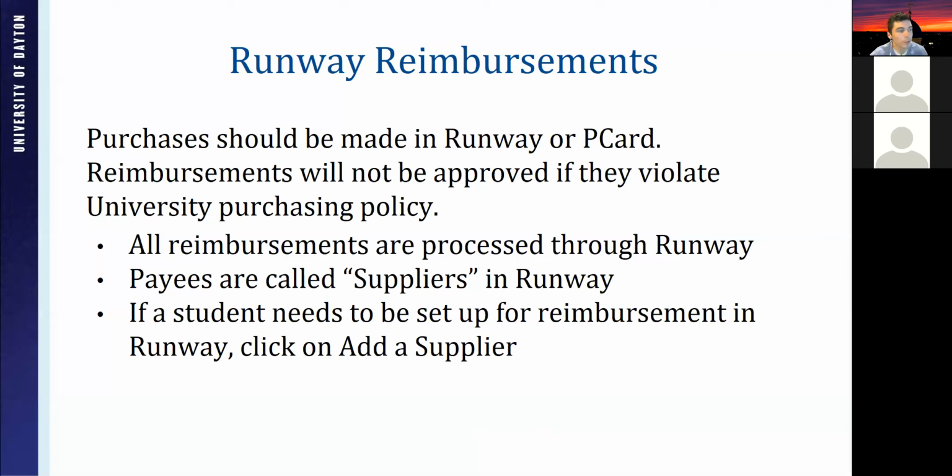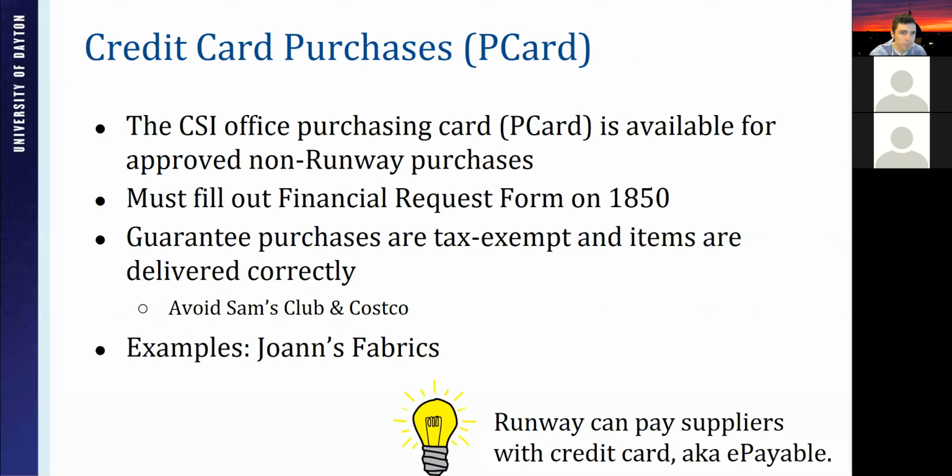What we can do then is Runway reimbursement. We just have the student who bought the supplies keep their receipt. We submit that on 1850, we process it, and the university sends that student a check for the amount they spent. So that's a good way if you need something last minute and you're afraid to have a member spend money, we can reimburse them, so keep that in mind.